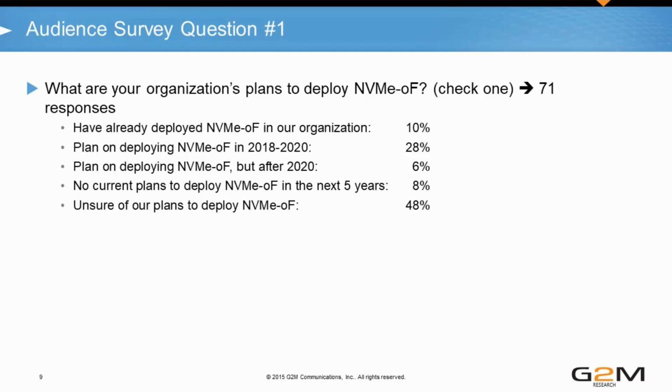You plan on deploying after 2020, after somebody else has found all the problems. You currently don't plan to install NVMe over Fabrics over the next 5 years, or you haven't figured it out yet. Personally, I suggest that not having figured it out yet is probably the most reasonable choice for those who aren't planning on installing next year.